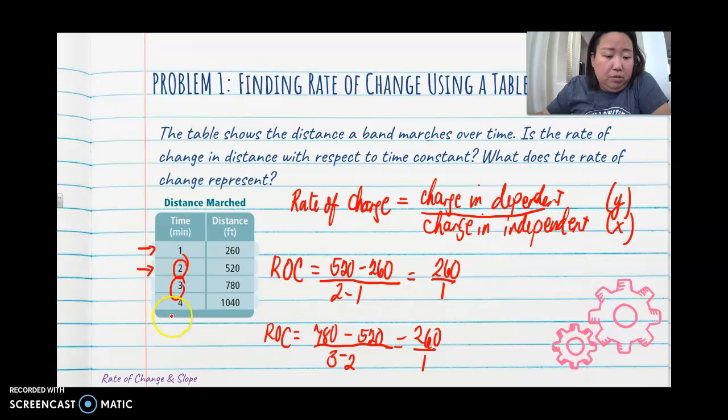And you can check finally with our third pair. So 1040 minus 780, divided by 4 minus 3, you will also get 260 over 1.